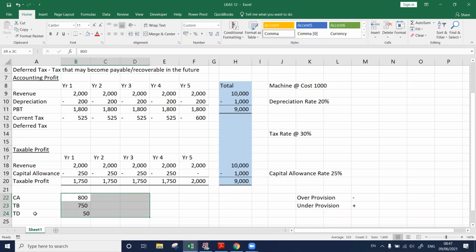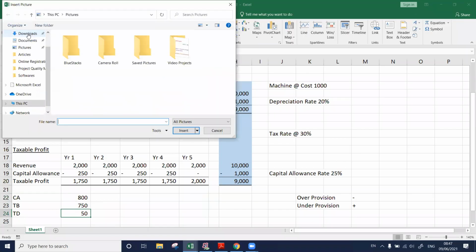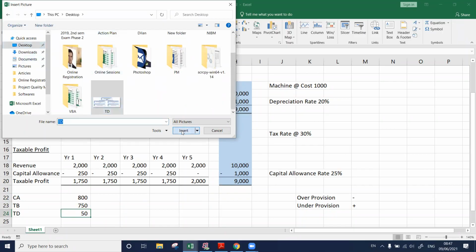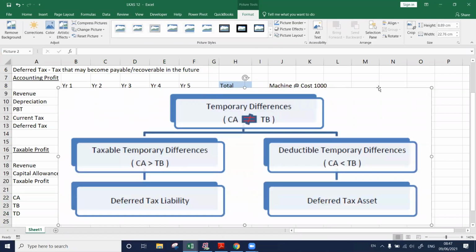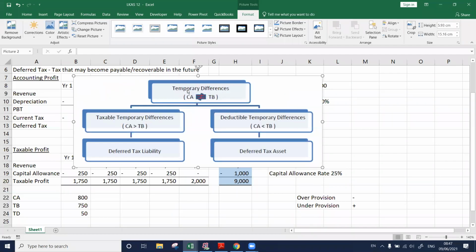Now we need to determine whether this temporary difference is a taxable temporary difference or a deductible temporary difference. So I will insert a summary chart of it. Can you see this one? Temporary difference means the difference between the carrying amount and tax base.